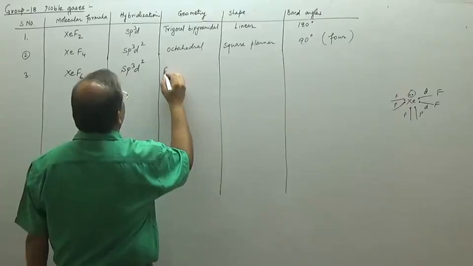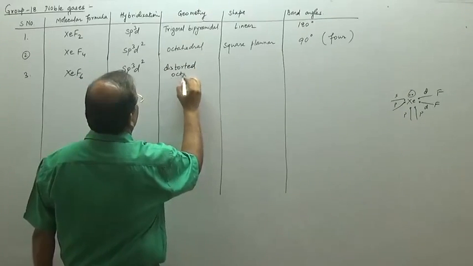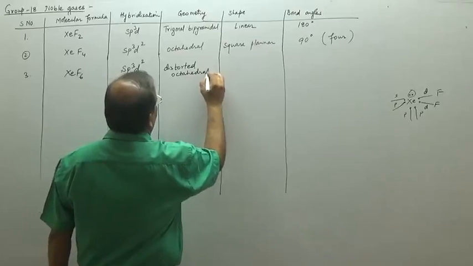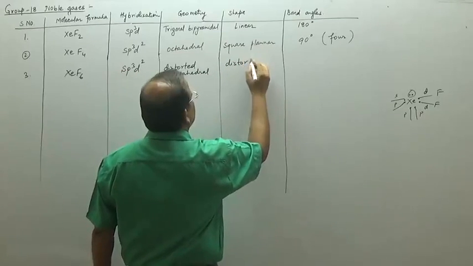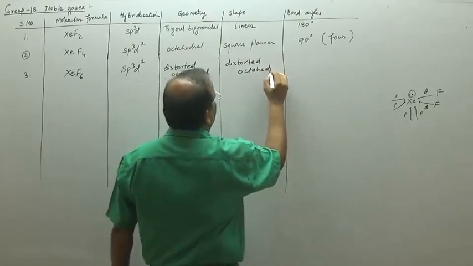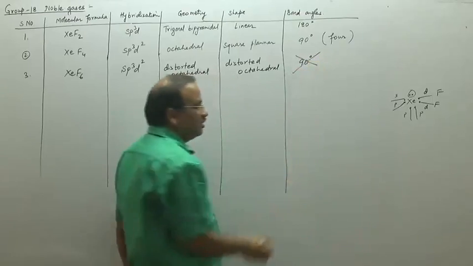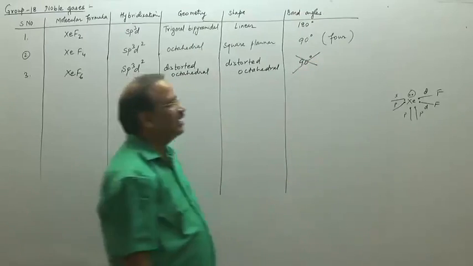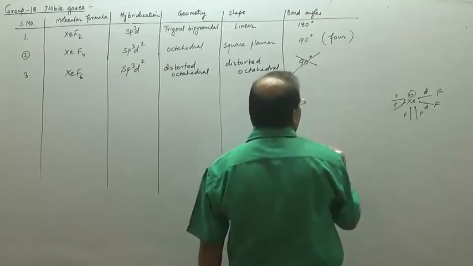I'll write the geometry as distorted octahedral, and the shape is also distorted octahedral. But the bond angles are not 90 degrees; they are less than 90 degrees.